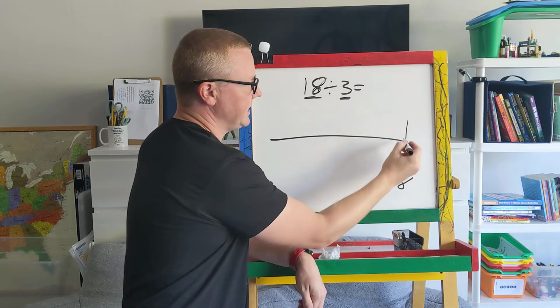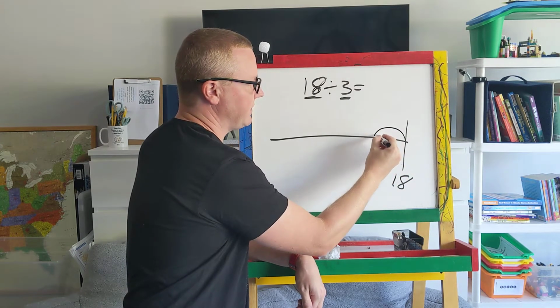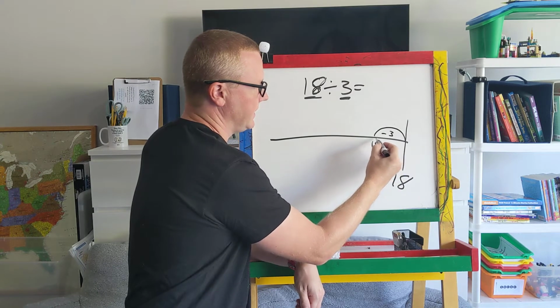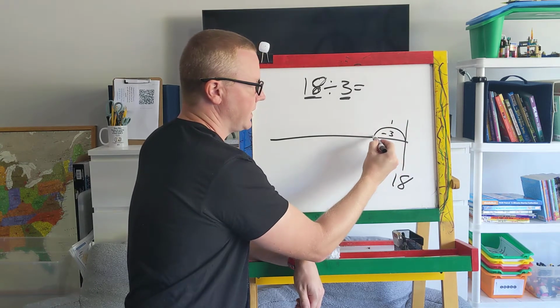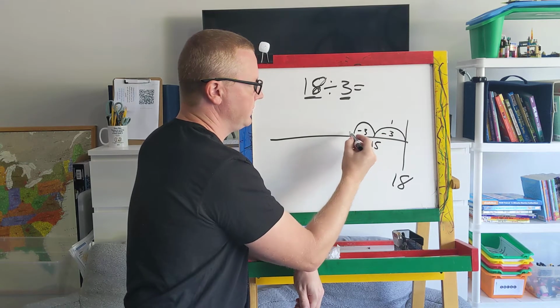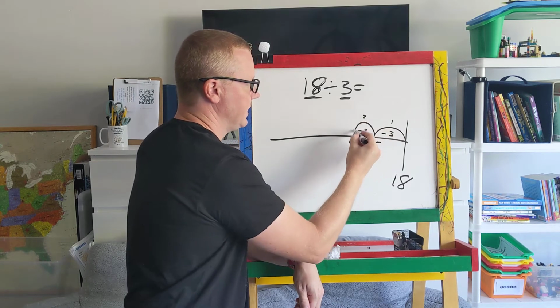So if we start at 18 and we go backwards by 3, minus 3, we get 15. That's 1 time. Minus 3 is 12, 2 times.